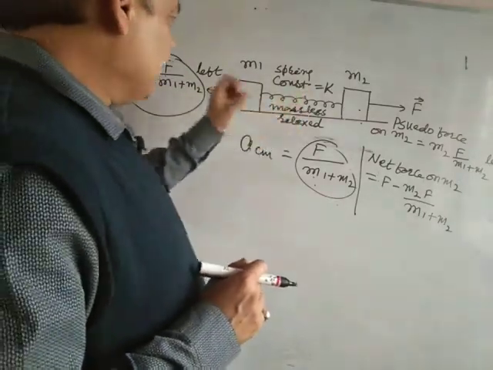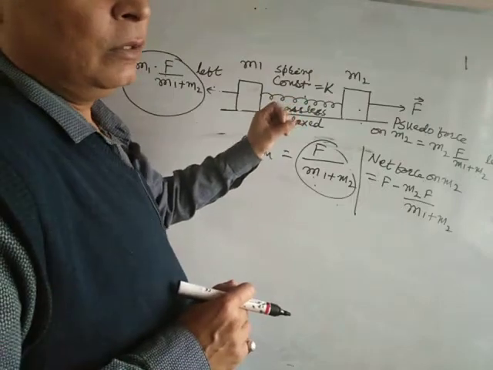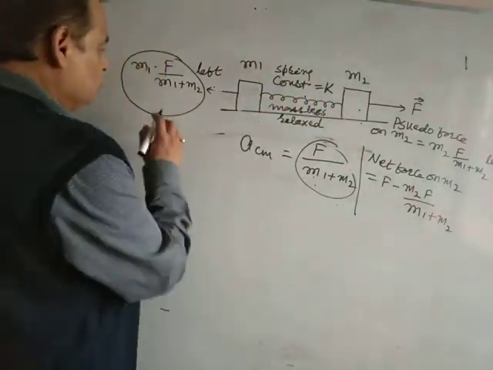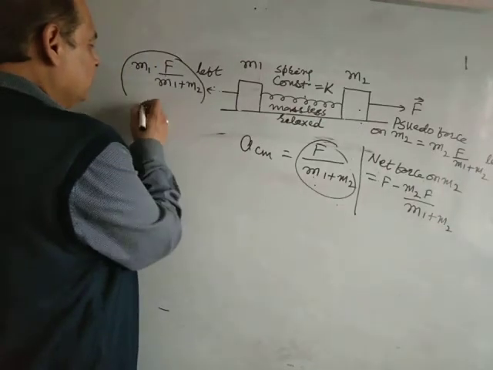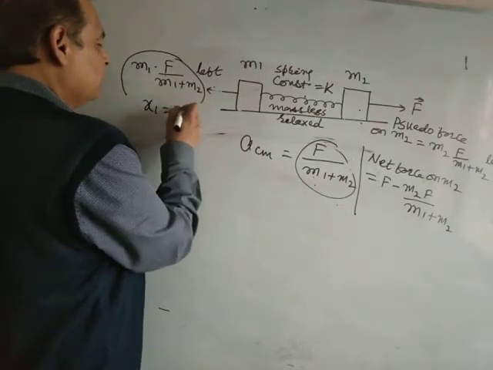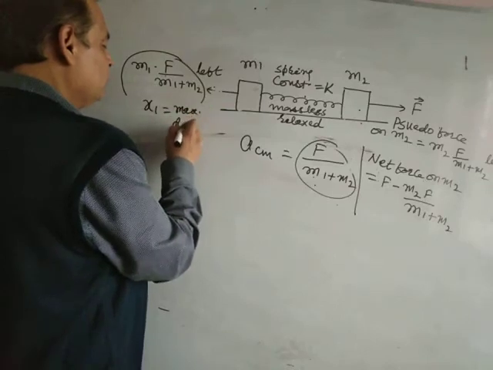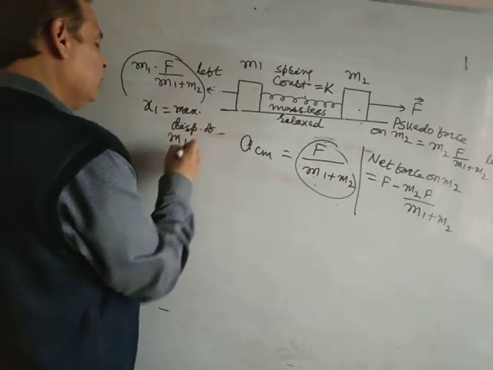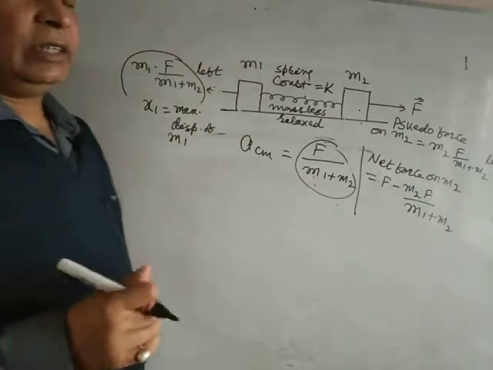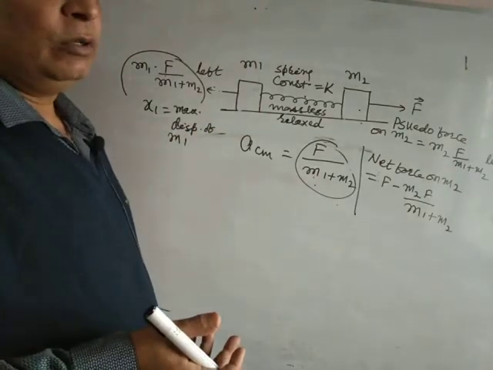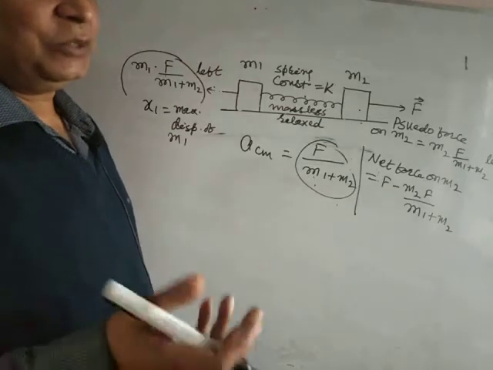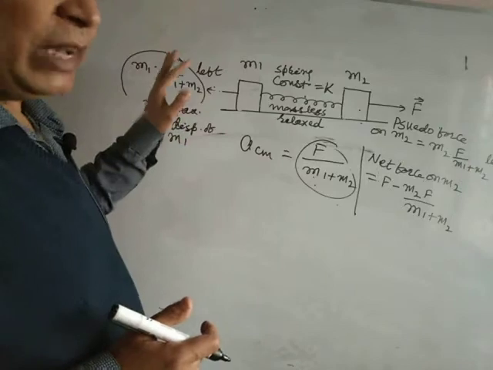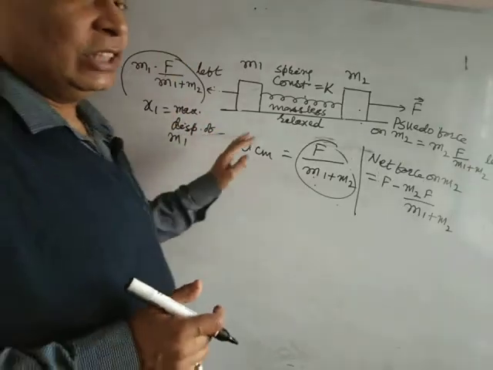Suppose the maximum displacement of M1 in the center of mass frame is x1. We need not reiterate again and again about the frame of reference, surely the center of mass frame. So x1 is the maximum displacement of M1 in the center of mass frame.